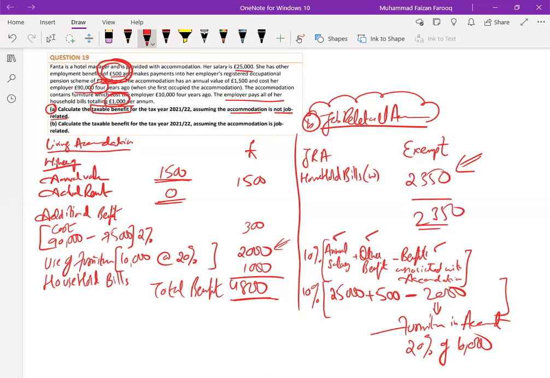But if the accommodation is job related, the accommodation is exempt, 0. Use of asset will never be calculated separately. It will be all together. Household and use of asset will be calculated with this formula: annual salary plus other benefit minus benefit associated with accommodation. This is household and use of asset all together in the case of job related accommodation.